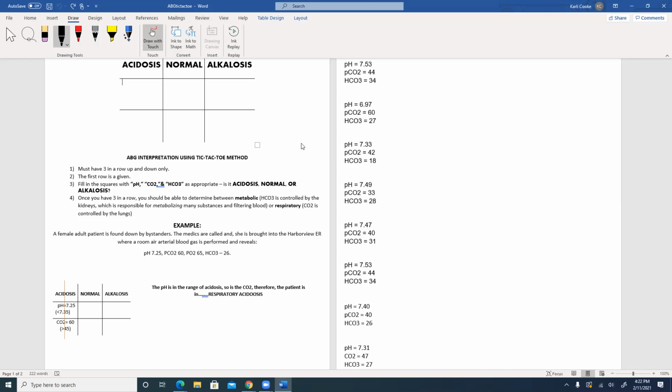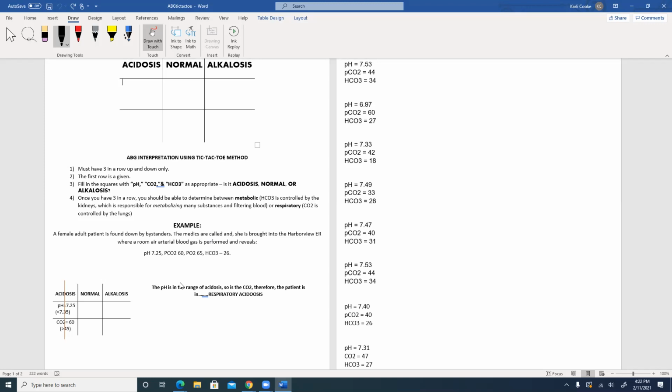Normal is actually 80 to 100. You don't need to know that for this exam. It's not part of the acid-base balance. But likely, if their PO2 is low, their PCO2 is going to be high. So this person likely, we already knew, had a respiratory issue, right?